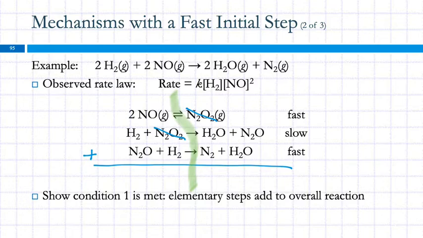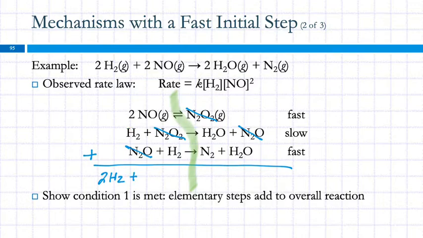And what else do we have here? Dinitrogen monoxide. Yeah, we've got this dinitrogen monoxide. So N2O gets made and it gets used up. And so now this is looking pretty good because I'm only seeing the things that are actually in the original. So I've got 2 hydrogens left after I cancel out everything that got made and destroyed.